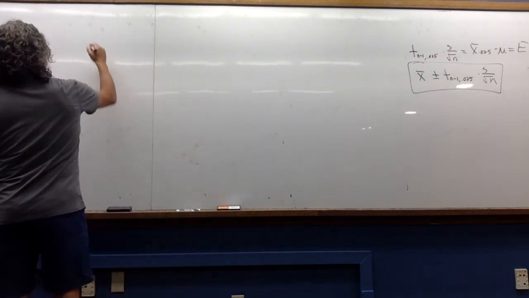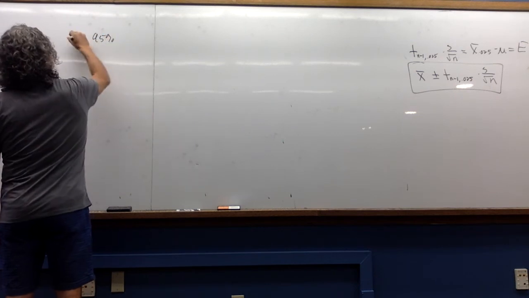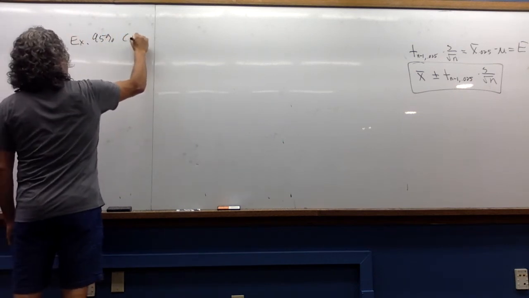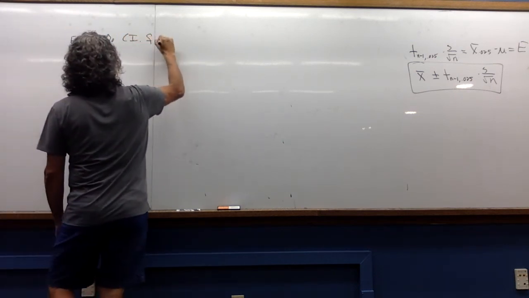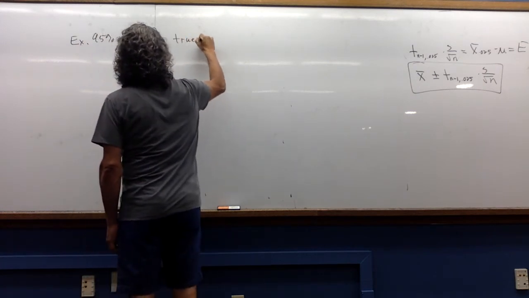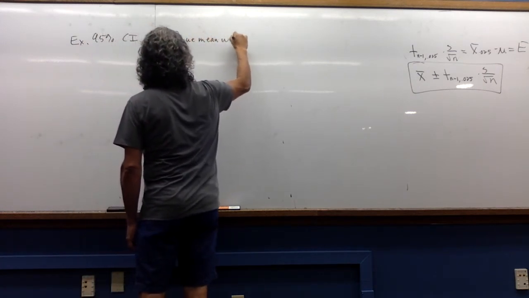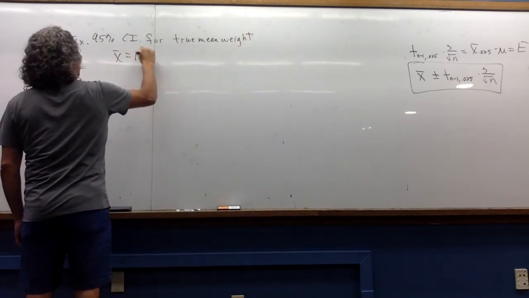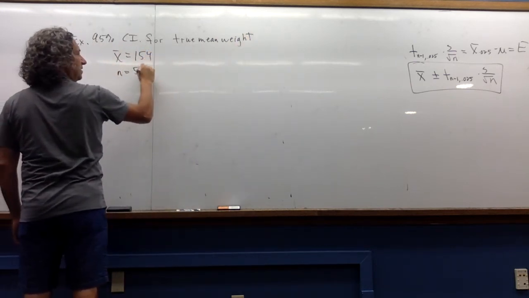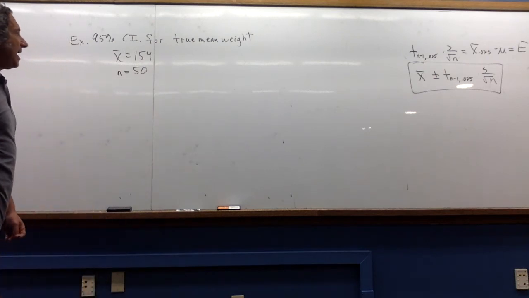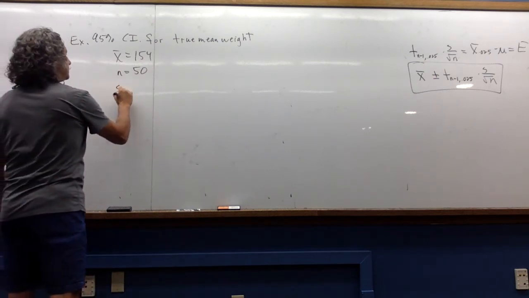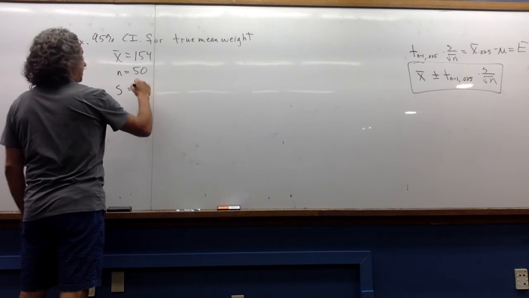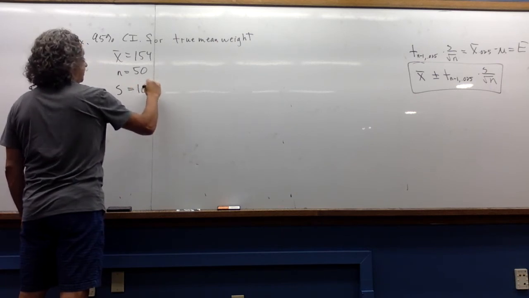So let's say we want a 95% confidence interval for the true mean weight. And x bar is 154. Let's say n is 50. And we get a sample standard deviation of, I don't know, 10.1.